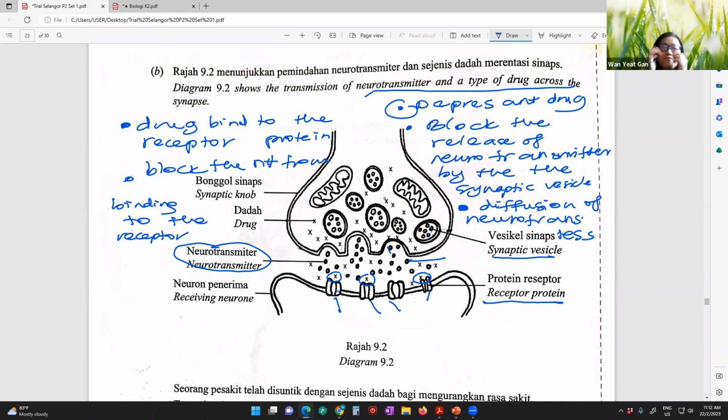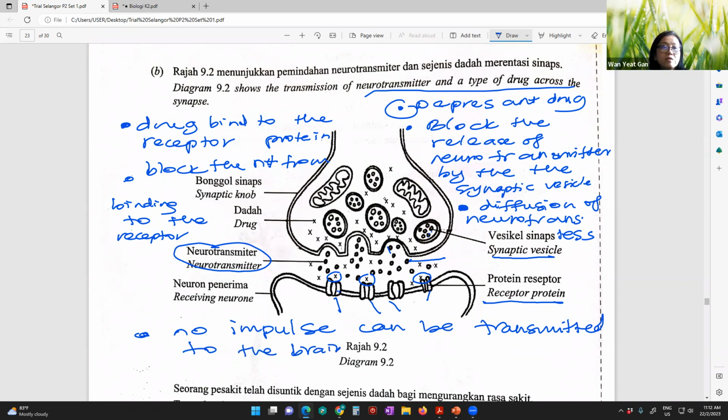Okay, so therefore now what is happening is that there is less neurotransmitter, the neurotransmitter is being blocked, therefore no new impulse can be generated. No impulse can be transmitted to the brain.